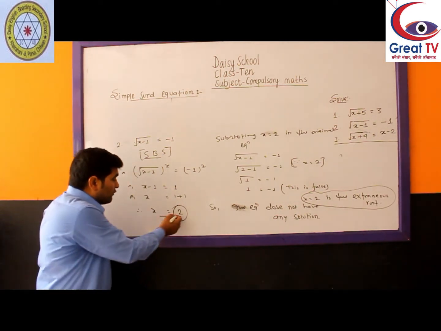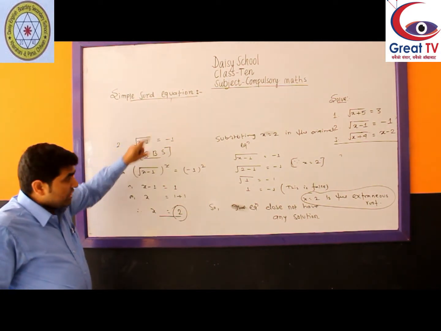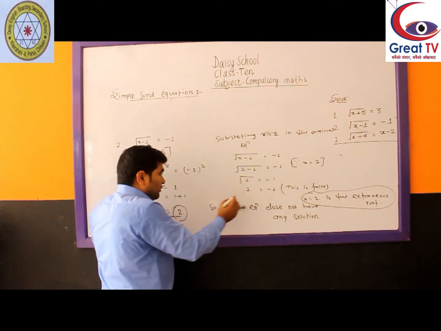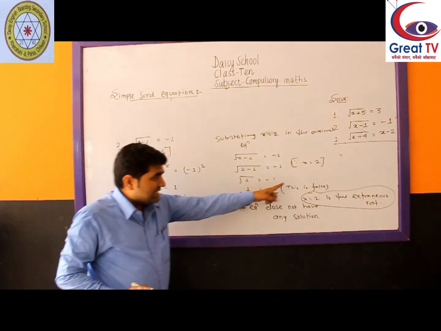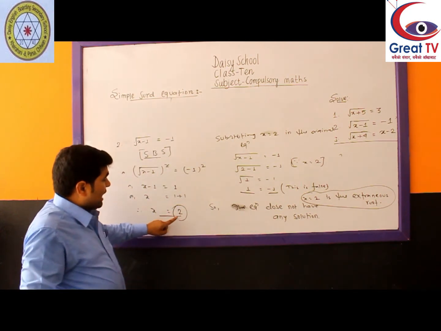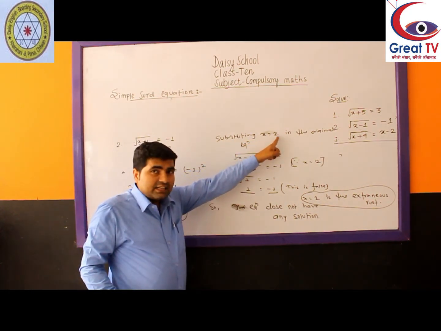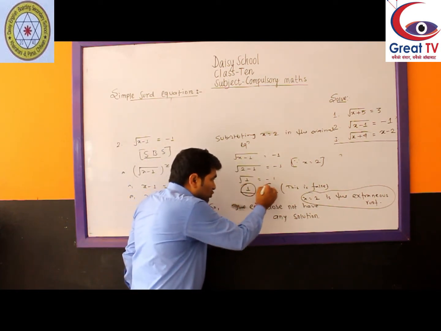Before that, put the value of x equal to 2 in the original equation. If the result on both sides is the same, only then is that the perfect root, otherwise it is an extraneous root. Here putting x equal to 2 in the original equation, we get 1 equal to minus 1.